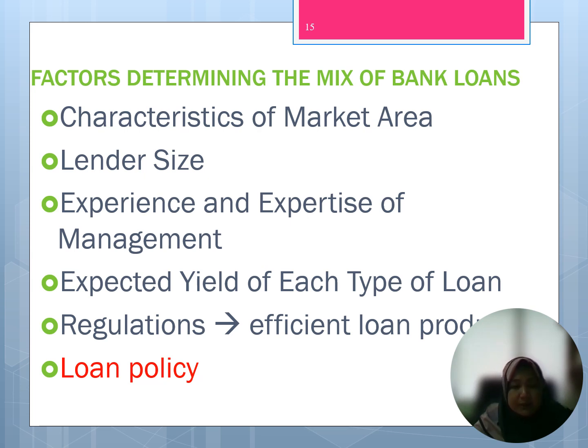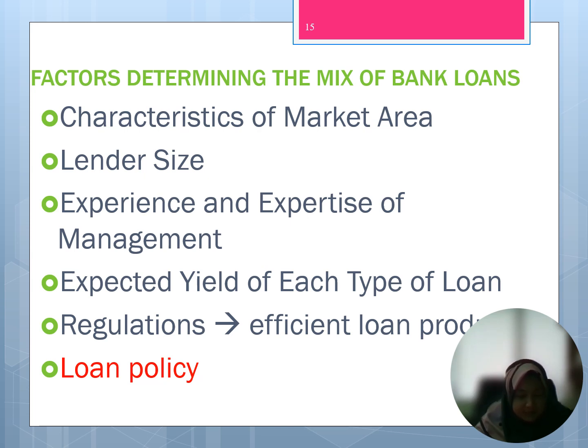For example, regulation by the central bank requires fulfilling the reserve and liquidity requirements. All of this will affect the loan portfolio. If the regulation makes it compulsory to give small business loans, at a certain percentage, the bank needs to include a part of small business loans in its loan portfolio.